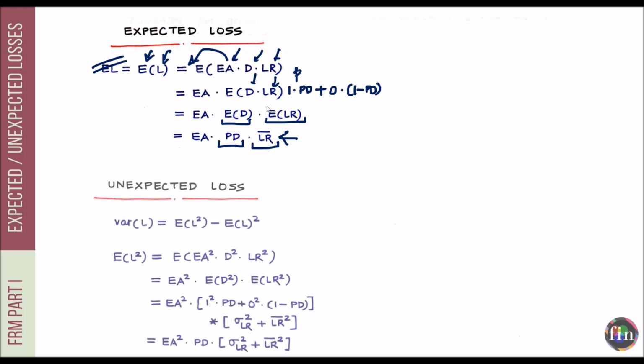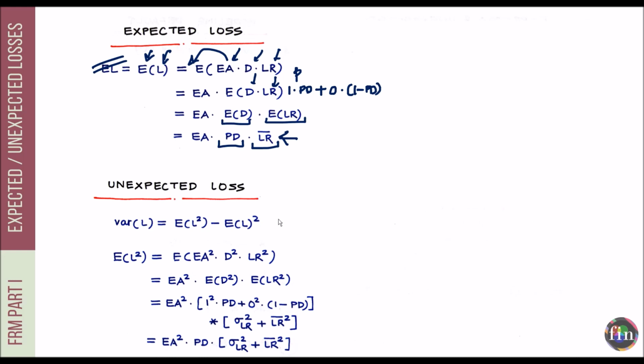Now let's take a look at unexpected loss. First thing which I want to qualify here is that unexpected loss in different models and to different authors means different things. For this particular reading and this introductory credit risk model, let's intuitively take the definition of unexpected loss to be the variability of losses around the mean, which we know is the standard deviation.